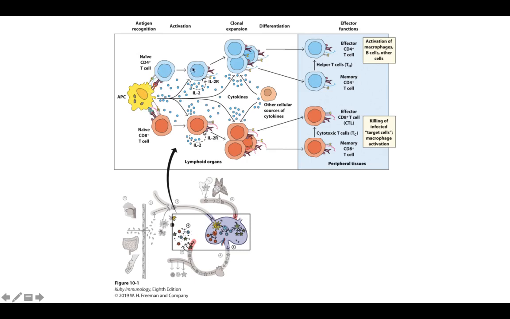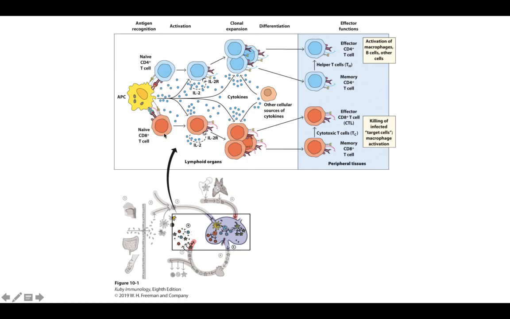This will cause that T cell, if it recognizes that particular antigen, to make cytokines, and that cytokine will act on the T cell itself as a growth signal. IL-2 is important for growth of this T cell and ultimately clonal expansion, which means there'll be more of this T cell that recognizes this particular antigen. These cytokines are also important for CD8 positive T cells.